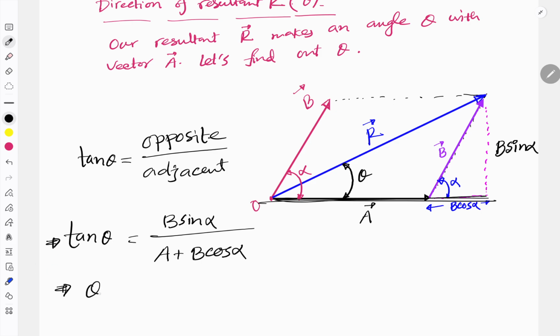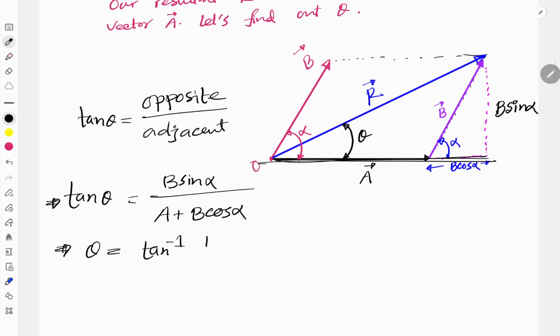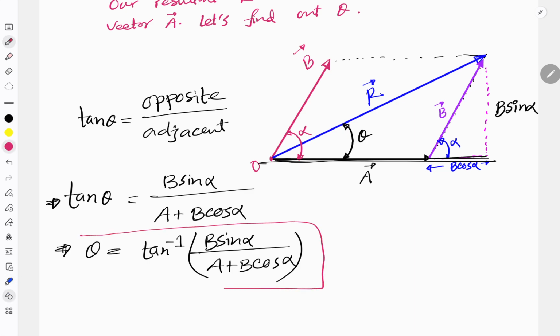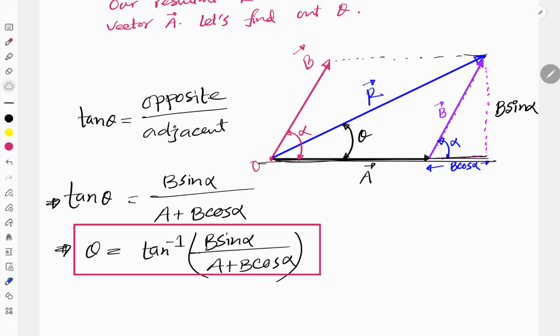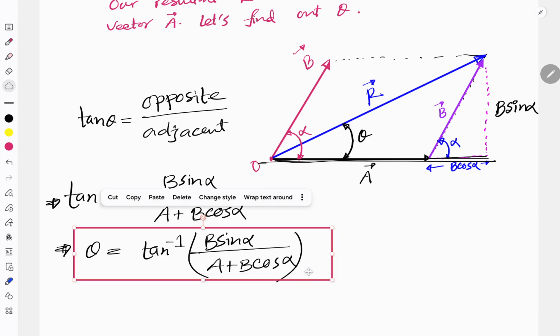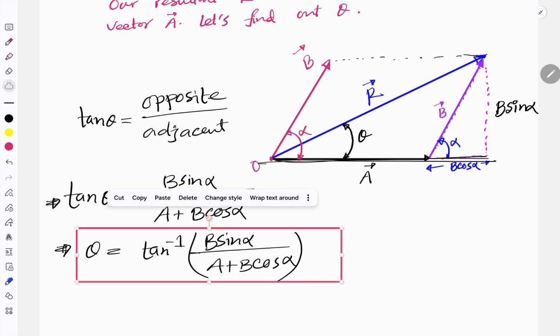Now theta is basically the arctan or tan inverse of b sine alpha divided by a plus b cos alpha. If you want to find out the same formula against, let's say, vector B, you could have also found it out. I will write that down for you.